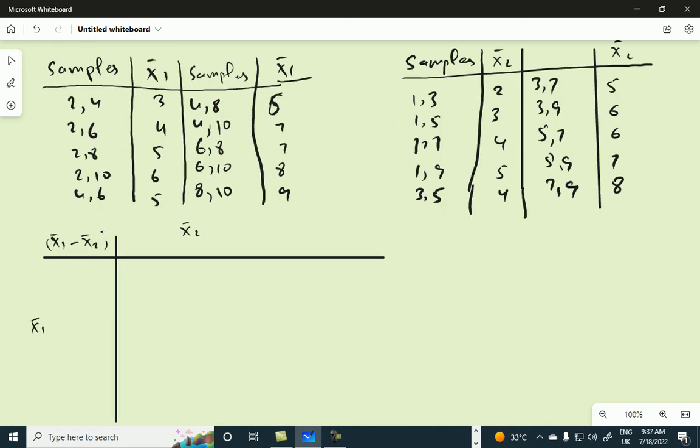Now, we have to complete this table. You have to write each and every sample mean. X1 bar is reported in the column, x2 bar is reported in the row.